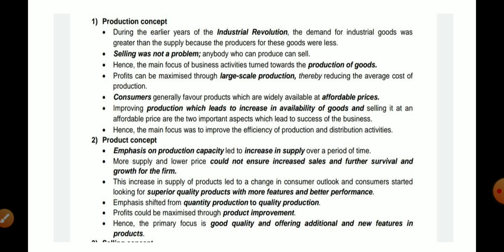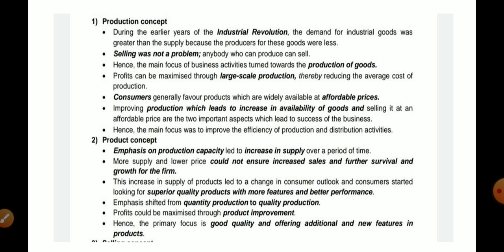Now, there are some concepts of marketing, or we can say the concepts or philosophies of marketing management. First of all, the production concept. In the early years of the industrial revolution, the demand for industrial goods was greater than the supply because the producers of these goods were few.